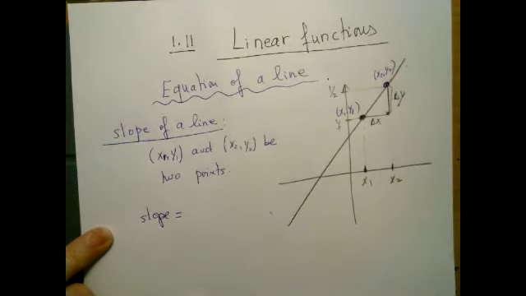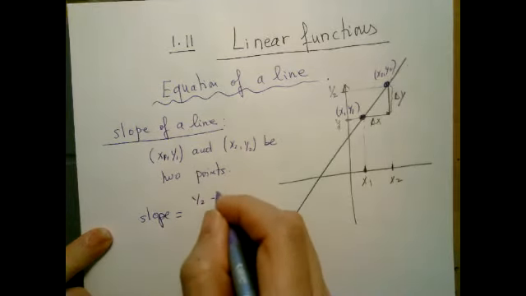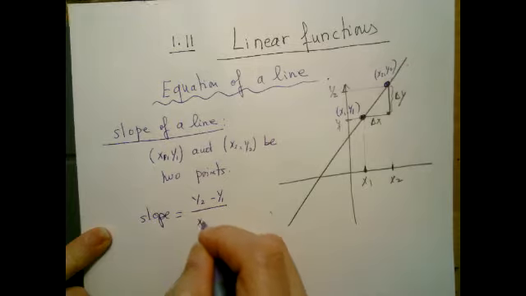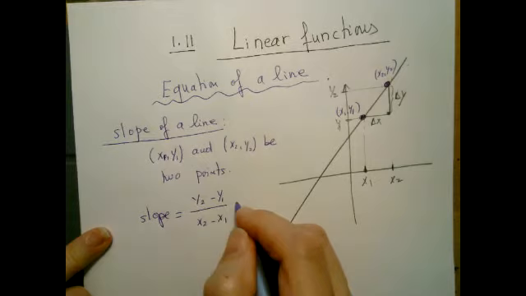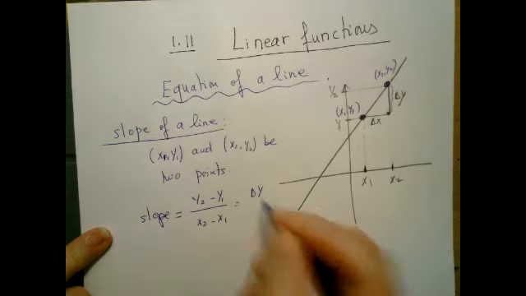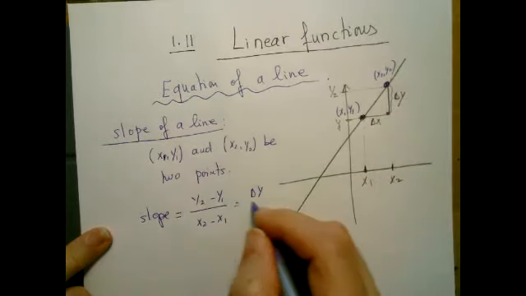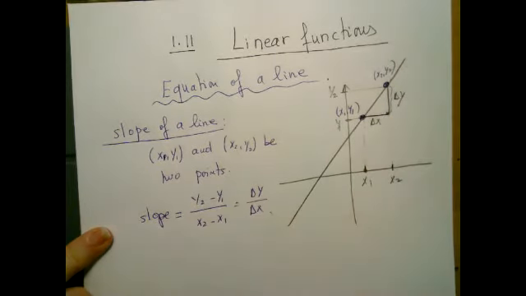So the slope is nothing more than the change in Y, which is y2 minus y1, which is the delta Y, over the change in X, which is x2 minus x1, that you guys call the rise over the run. So it's nothing more than how much the Y component changed by going from this point to that point, divided by how much the X component changed.